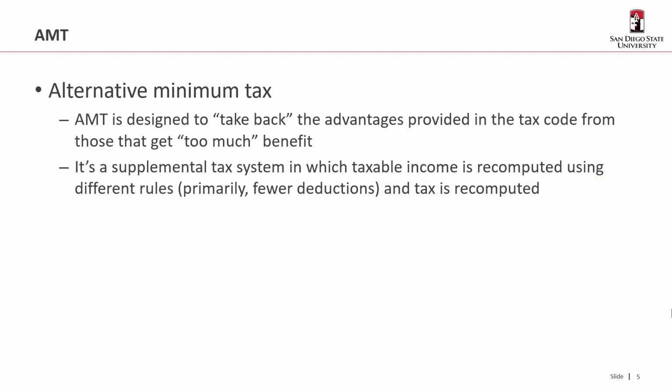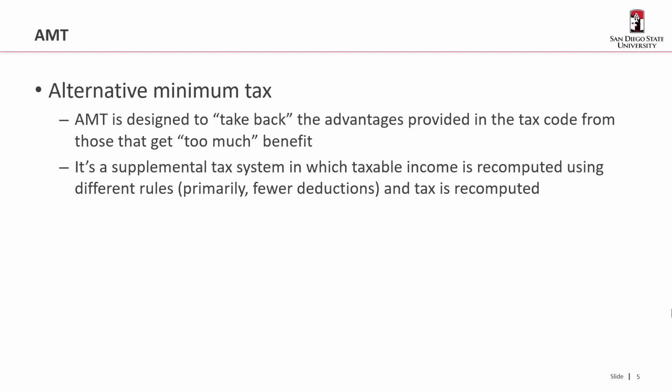Okay, so the next item we're going to deal with is the alternative minimum tax. The AMT is designed to, in air quotes, take back the advantages provided in the tax code from taxpayers who manage to get too much, and too much is also in air quotes, benefit from those advantages.